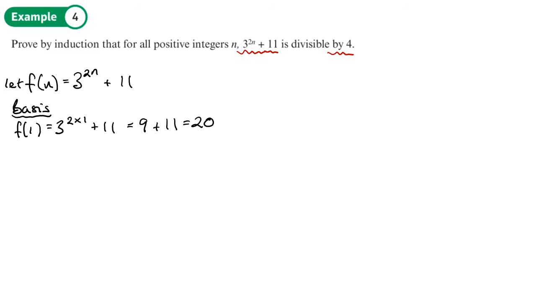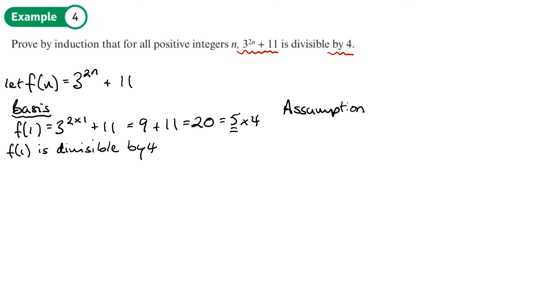Okay, so in our basis step, we've shown that f of 1 is divisible by 4. And if you want, you could write down that 20 is 5 times 4. So it's a multiple of 4. It's divisible by 4. Then we're on to our next step, the assumption step.